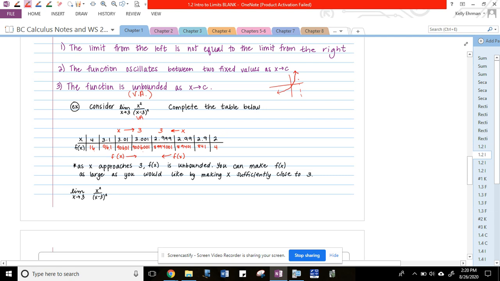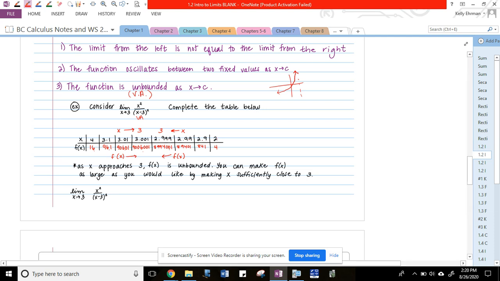Come at 3 from the left side. A little bit under 3, like 2, get closer to 3. These numbers just grow like crazy. If you keep adding decimal places on either end here, you're just going to get larger and larger numbers. So that's showing you, hey, on both sides, these numbers are growing to huge positive values. That means that we have a limit that does not exist. The function is approaching infinity.